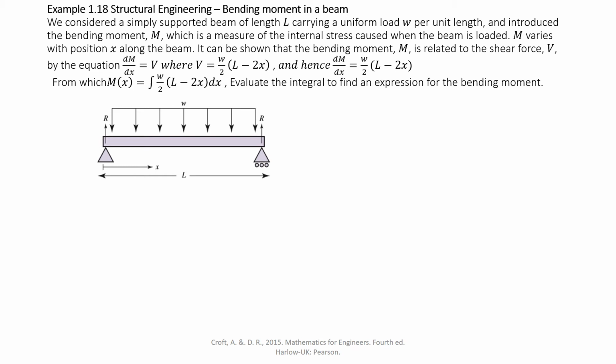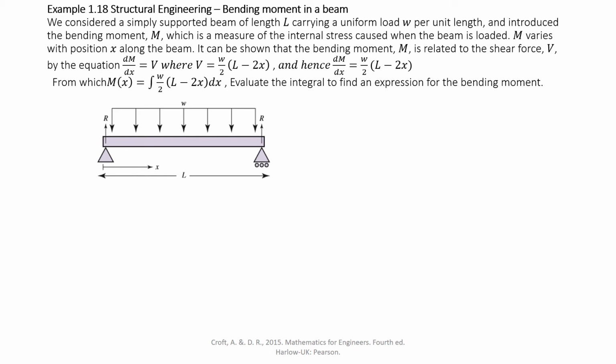If we read it carefully, L is the length of the beam, W is the load per unit length, and the bending moment is M when it will bend down like a curve. So the bending moment is M, which is a measure of internal stress caused when the beam is loaded. So this bending moment is actually stress in it.